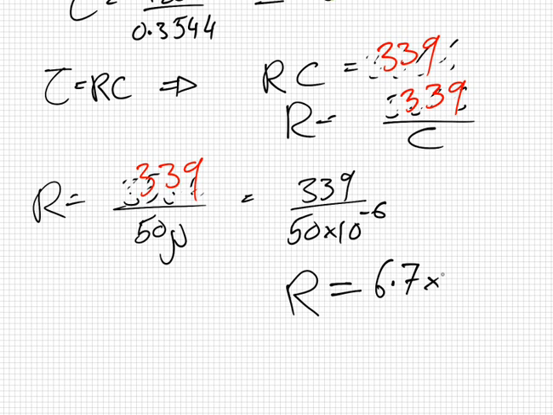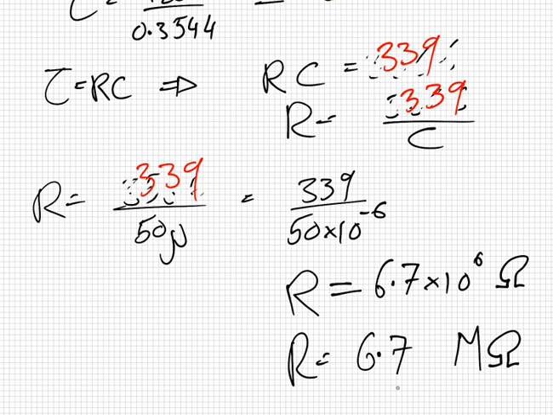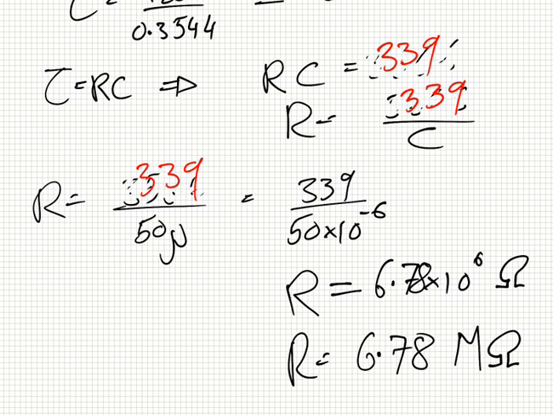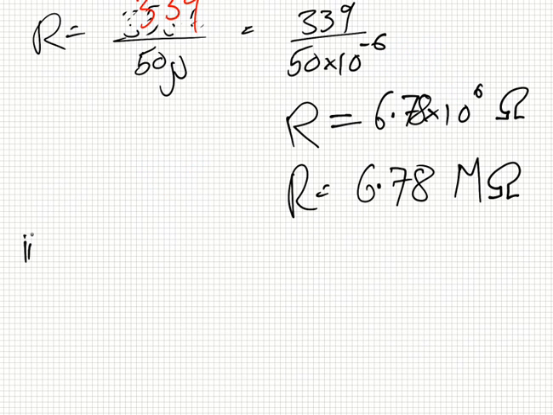So the formula you need to use here is Q equals Q0 e to the minus t over time constant. Not the other one, t equals RC. That's the one to use when it fully discharges. But this has not reached 0. It still has a charge.